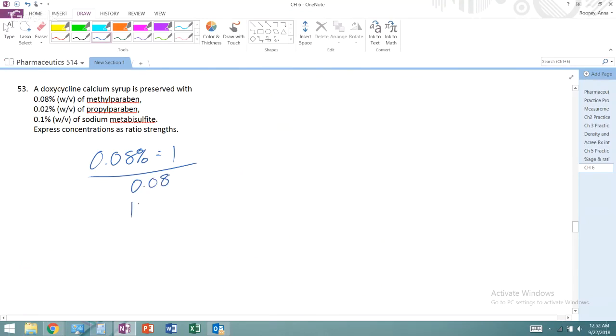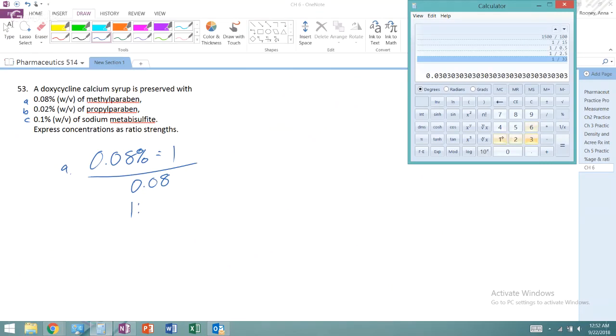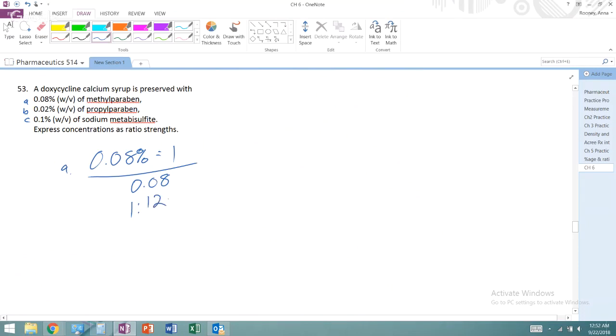You find that this is 1. This is A, that's your methylparaben. So 1 divided by 0.08 equals 12.5, and then you multiply that by 100, so 1250. Okay. And so that is the first one.